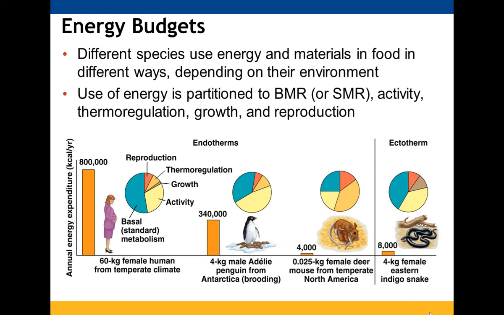Whereas for the penguin that's brooding, taking care of its offspring, it's going to have a greater percentage of its energy being used for activity. And then for the female human, we see that she is expecting, so she does have a fair amount for reproduction.